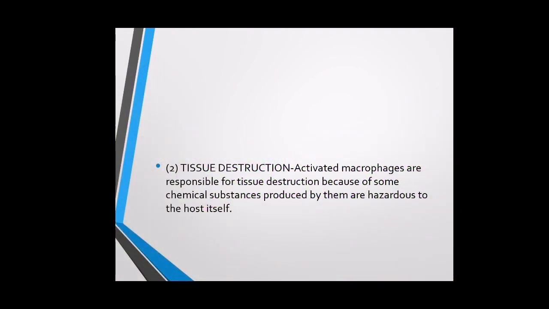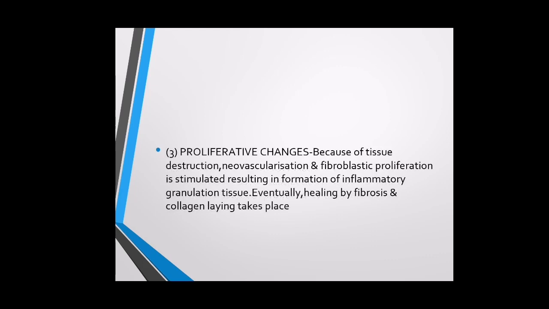Now let's see about the tissue destruction. Activated macrophages are responsible for tissue destruction because some chemical substances produced by them are hazardous to the host itself. Proliferation changes occur because of tissue destruction. Neovascularization and fibroblastic proliferation are stimulated, resulting in formation of inflammatory granulation tissue.